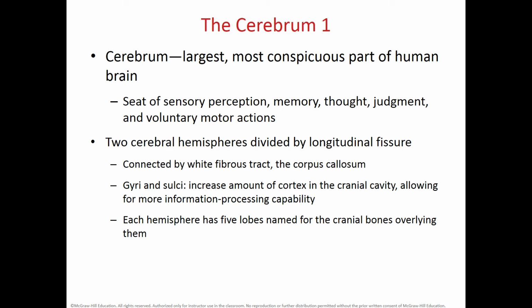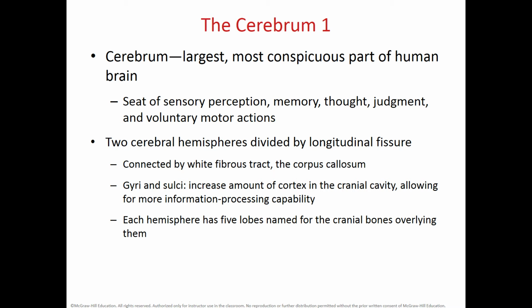And then the cerebrum is subdivided into cerebral hemispheres by the longitudinal fissure, and the cerebral hemispheres are connected by the corpus callosum. On the surface of the cerebrum, we have gyri and sulci that increase the surface area, so we can have many neurons within the cortex.